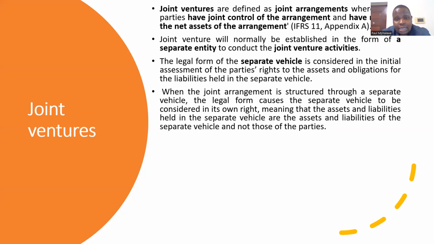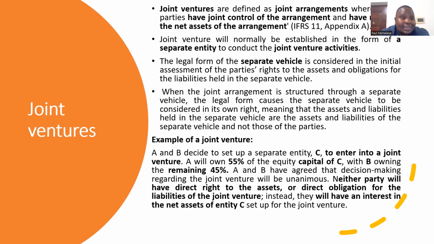Since these companies have created a legal name, okay? The assets that exist in the legal name are not assets and liabilities that belong to the parties, but to the separate legal entity. You understand that? That's a distinguishing factor. So an example: if A and B decide to set up a separate entity called C to enter into a joint venture, then A will own 50%.